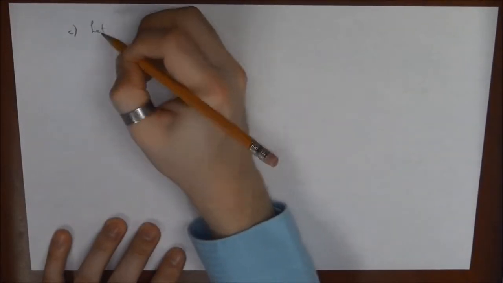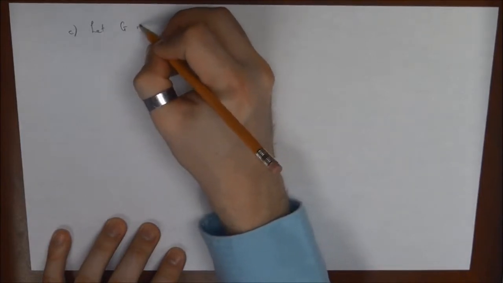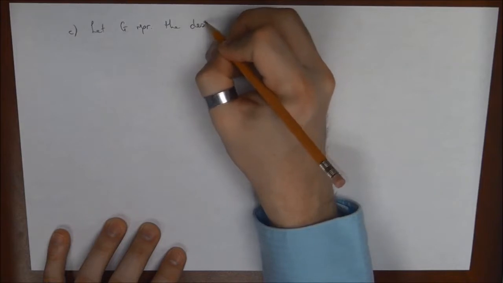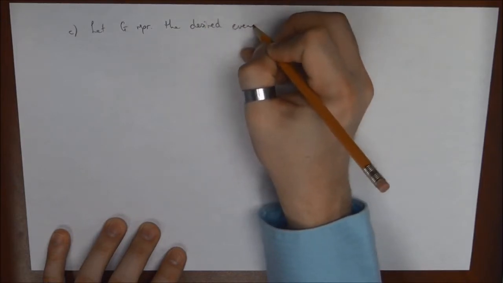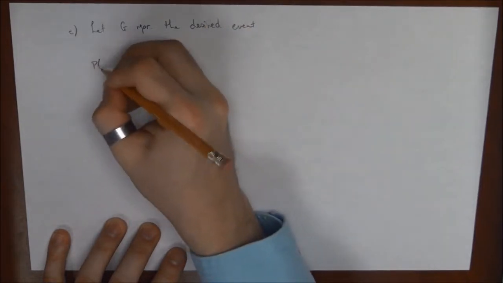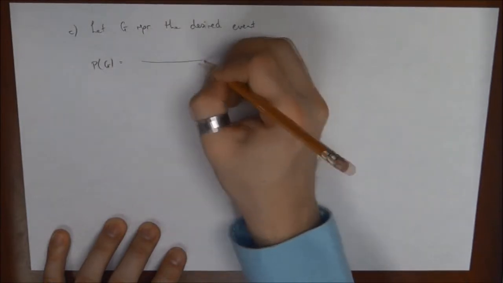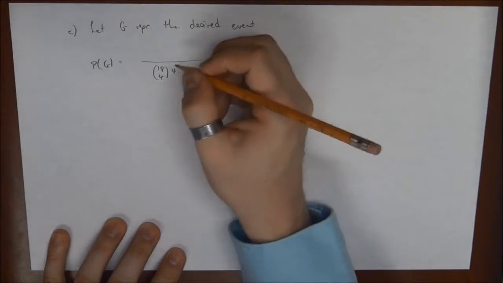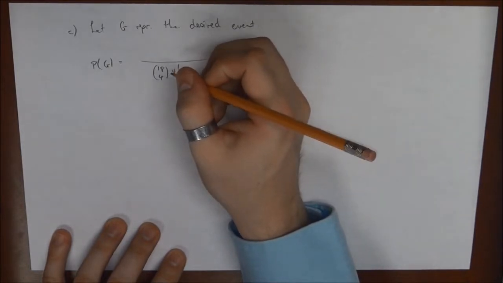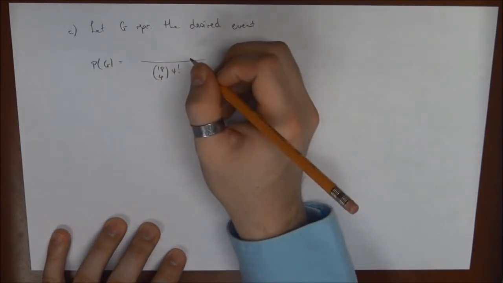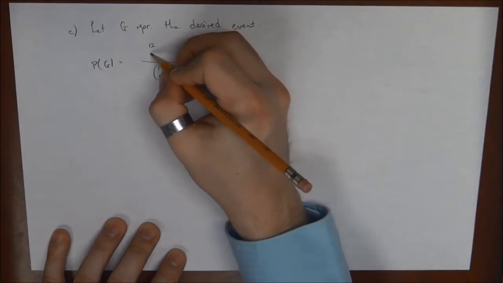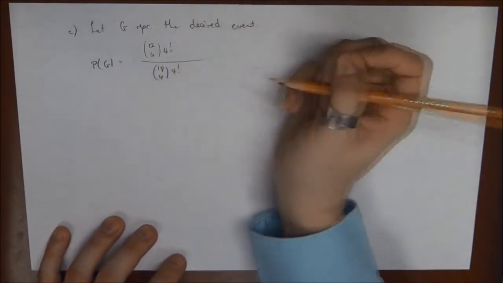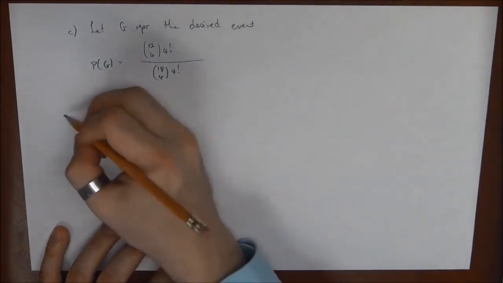So let's call this event G. The G represents the desired event, so that I can talk about the probability of G. No restriction at the bottom, same as always, it's the same experiment. Now I want only fiction books. So out of the 12 fiction, I choose all 4 and arrange them. Done.